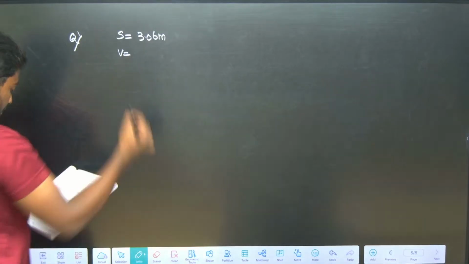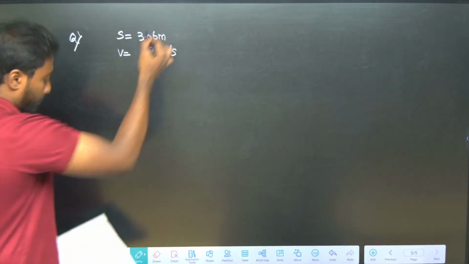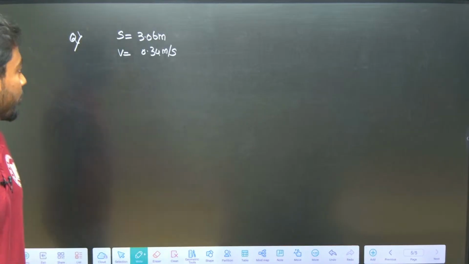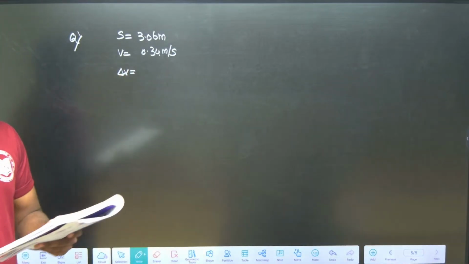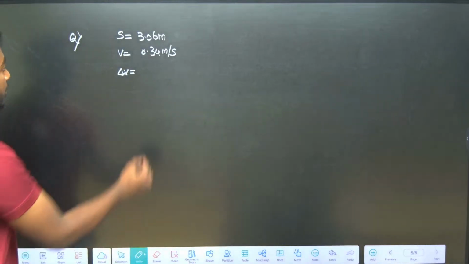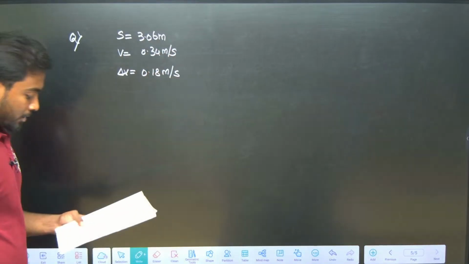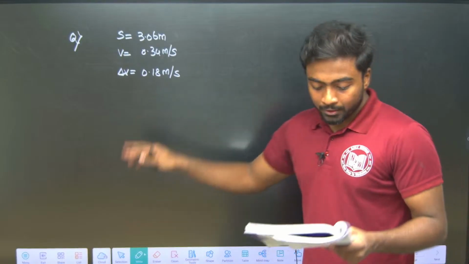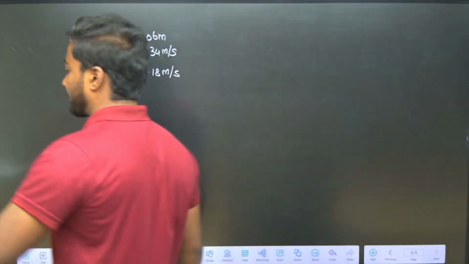If change in velocity of the body, keep remember that, delta V will be equals to 0.18 meter per second during this time. So during the same time, its uniform acceleration will be.